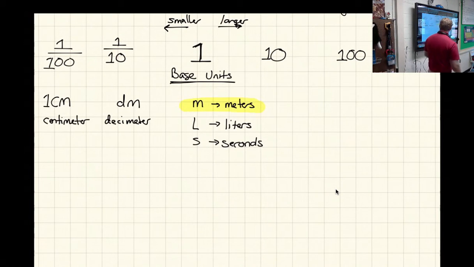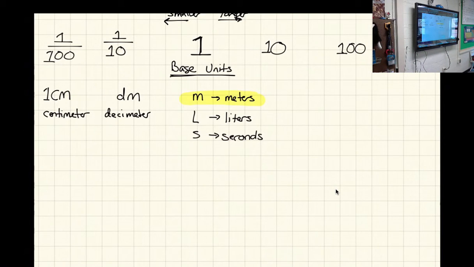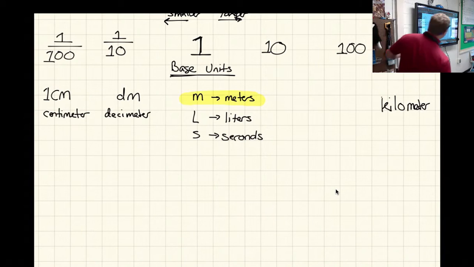Now, 10 is not a common measurement, so I'm not going to worry about it right now, and neither is 100. But 1,000 meters is actually a very common measurement. A kilometer. On the flip side, a kilometer.